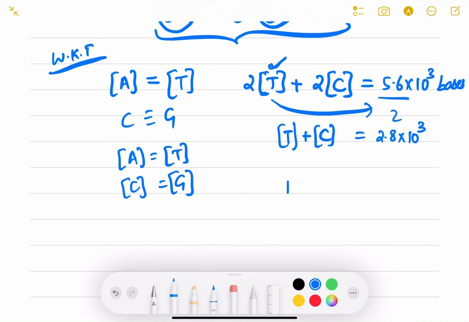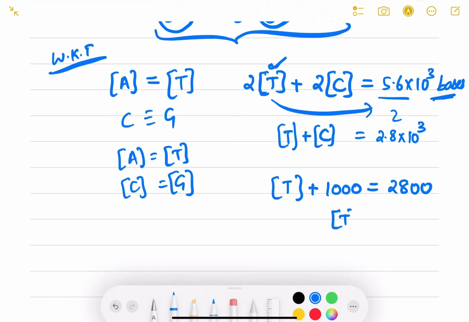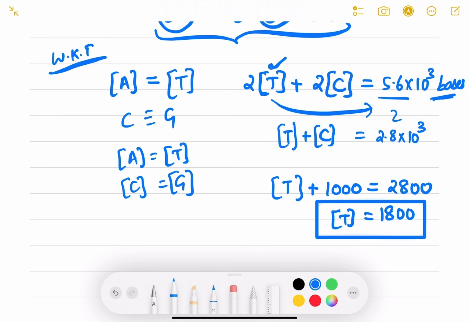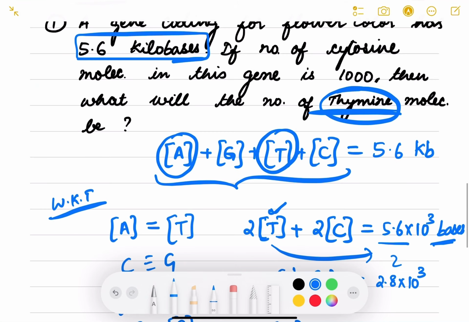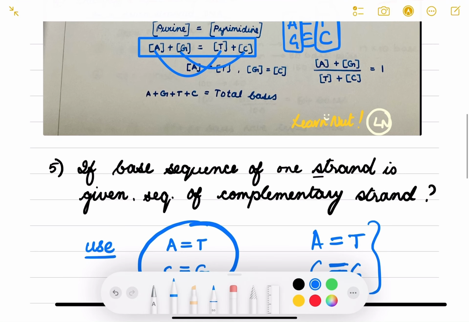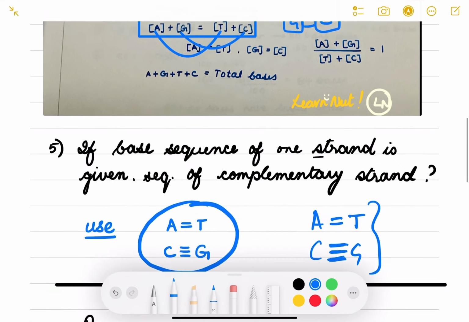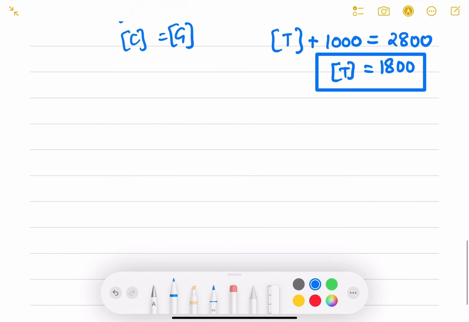Because in the question they have given the amount of cytosine molecules as 1000 bases, that's why I've converted the kilobase to base here, and here it is 2800. So the amount of thymine would be 1800. So this is the solution. Very simple. Every concept is already taught to you. Now let us go on and solve another question.